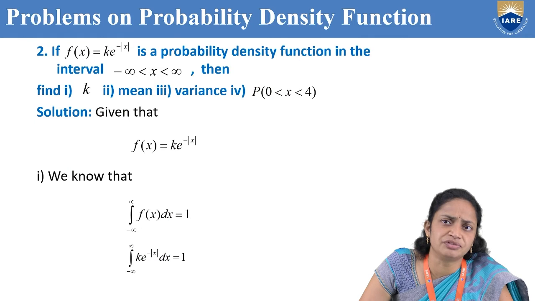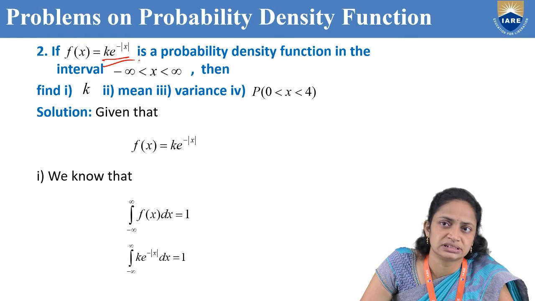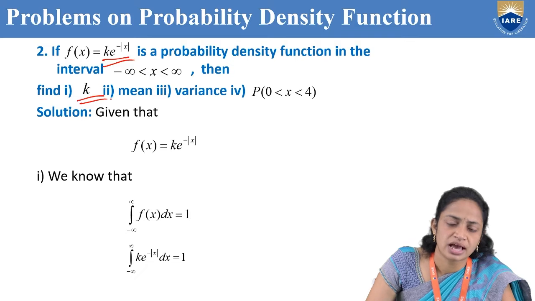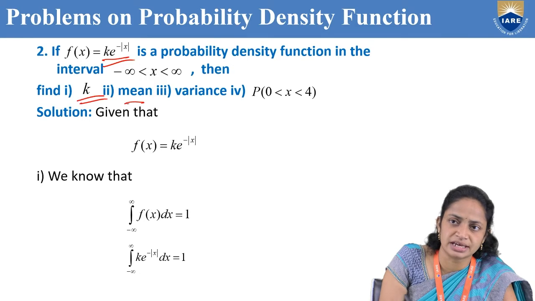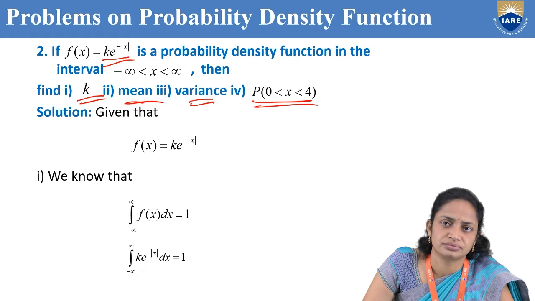If f of x equal to k into e power minus modulus of x is a probability density function in the interval minus infinity less than x less than infinity, then find the k value, and also the mean, variance, and probability of 0 less than x less than 4.